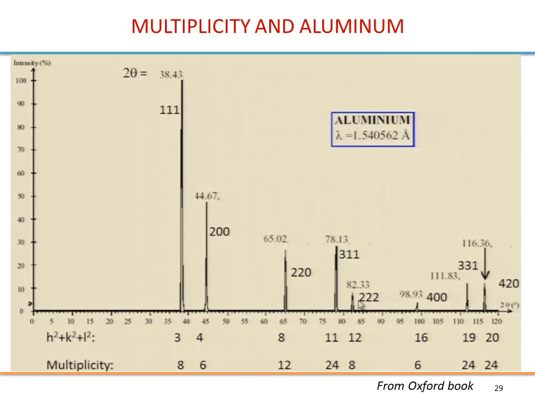This is an example taken from the book of Oxford, of multiplicity in aluminum. You see here the sum of the HKL squares, so 3, 4, 8, etc. So it is an FCC. And multiplicity, so this is 8, 6, so indeed this peak is greater than this one, but it's greater than twice, so probably it's not corrected by the Lorentz factor.